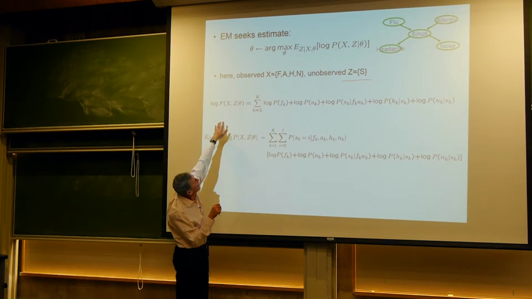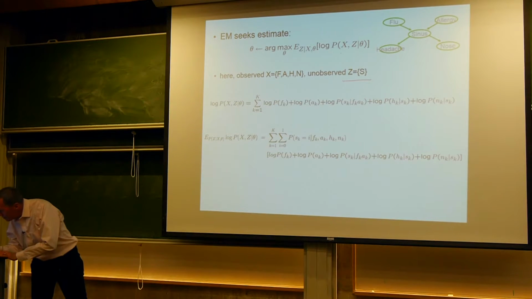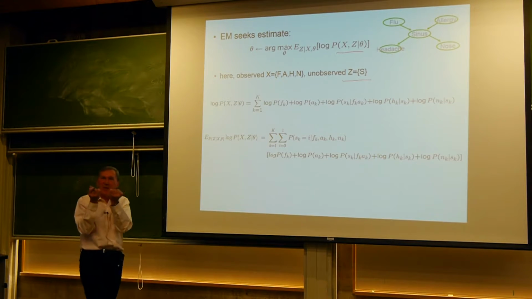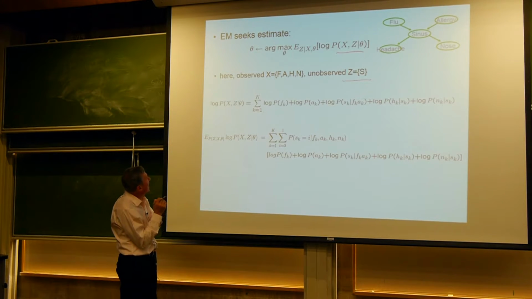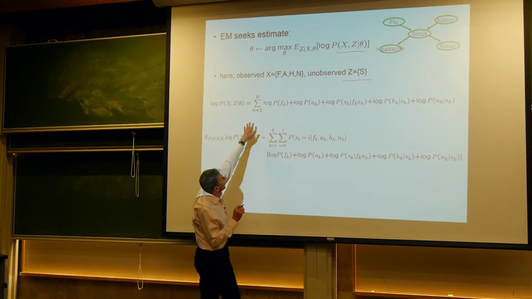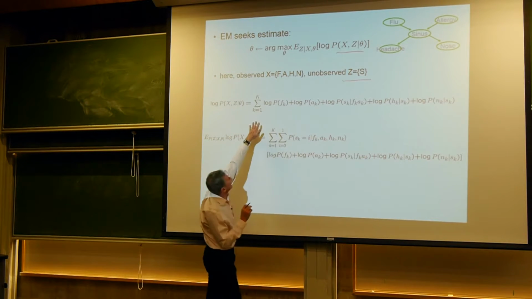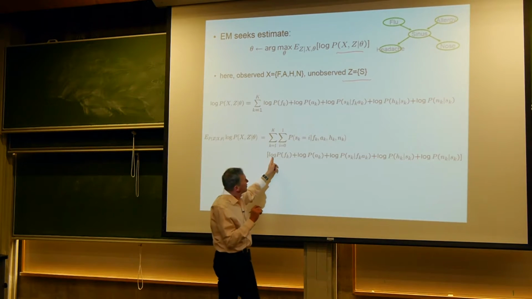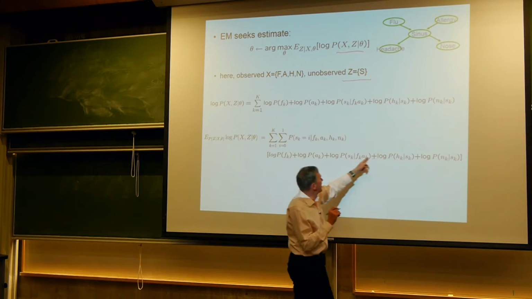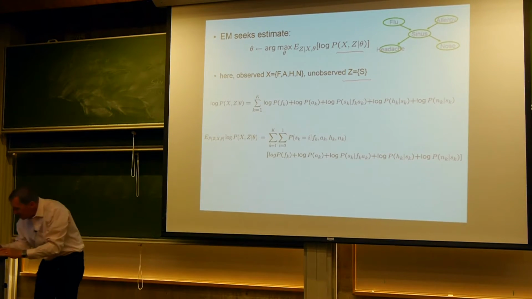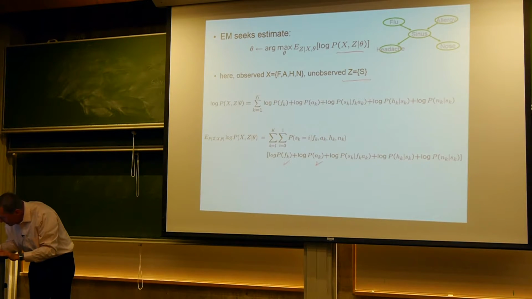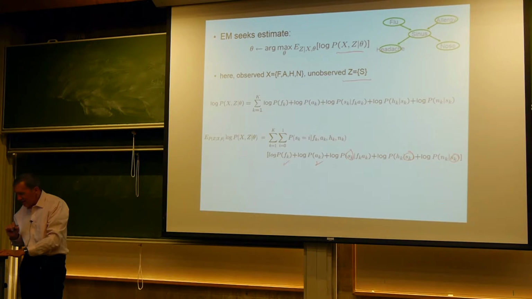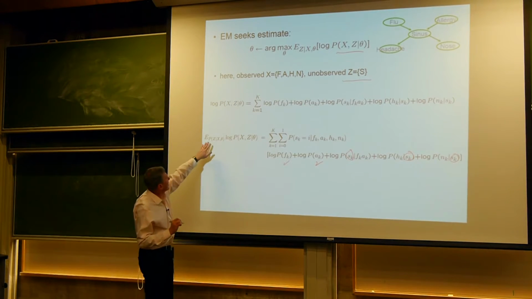The way I wrote it here, we're trying to get the expected value of the joint probability of x and z and maximize that. One way to do that, as we showed before, is that the log of that is just the sum of all these logs. And so the expected value of this is, here's the log of the joint distribution, and we can observe all of these values except not S. So what we're going to do is get the expected value of that.